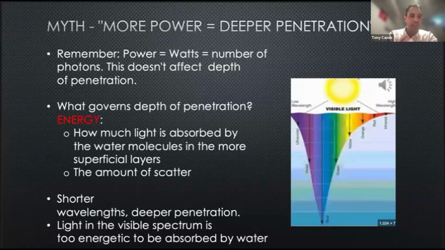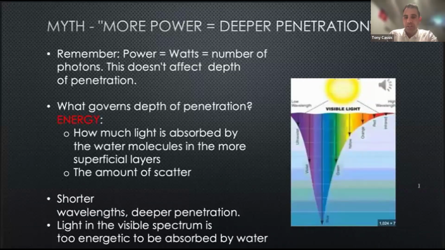They were coherent, they were tightly collimated, and both of those things are heavy drivers of that depth of penetration. Again, the longer wavelengths, your red, near infrared, infrared, are going to have less depth of penetration than the violets and the blues.